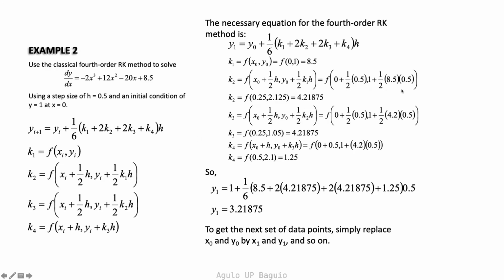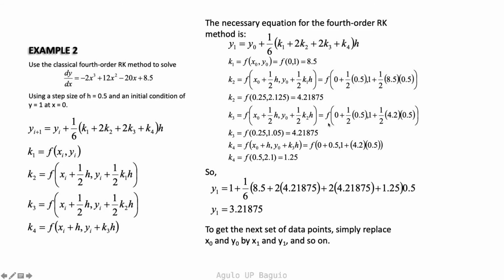All of that is in here. Now you can solve for this function, and that function will give you 4.21875.